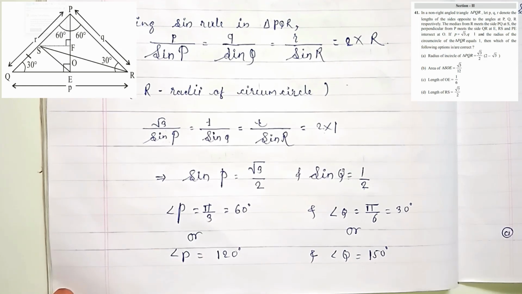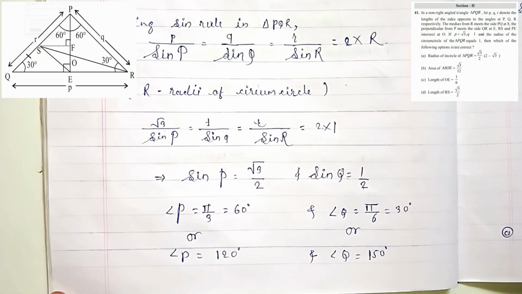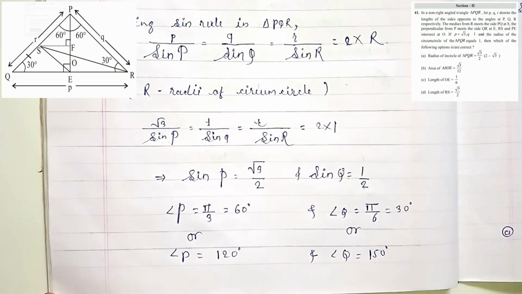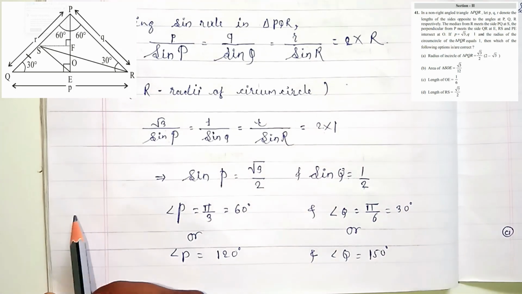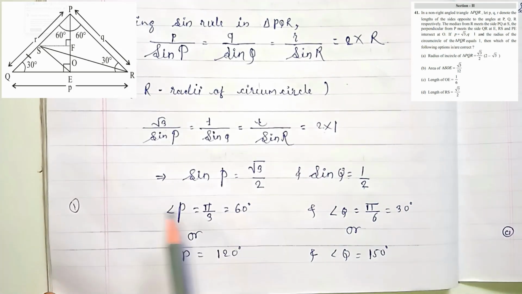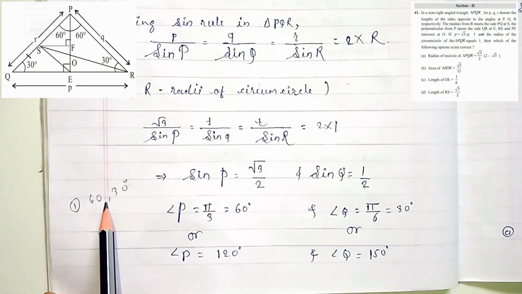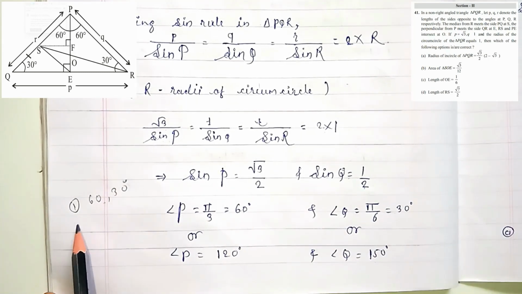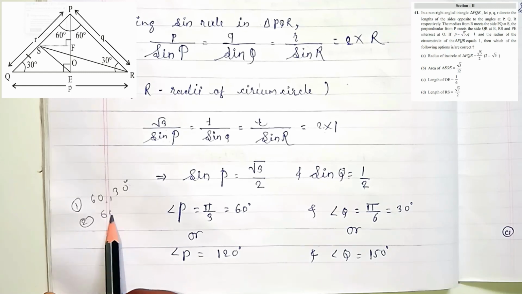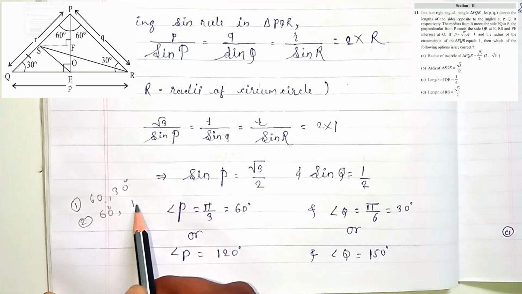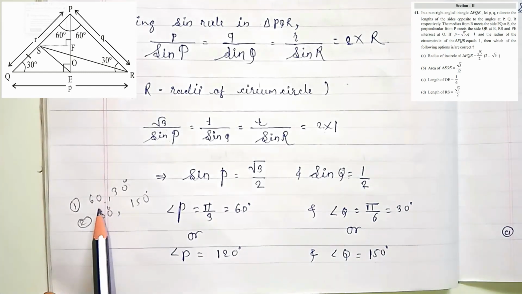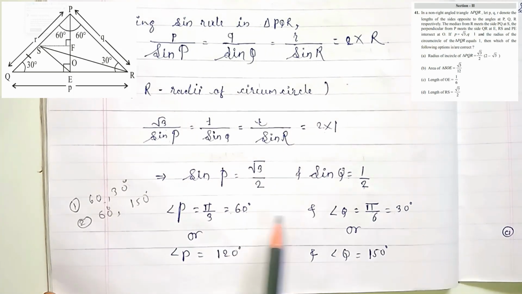Now try to make the possible angles for P and Q. Let me define the angles P and Q first of all. We have four choices. The first choice: we can write P as 60 degrees and Q as 30 degrees. The second possible choice: P as 60 degrees and Q as 150 degrees.